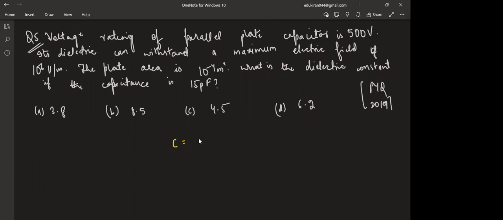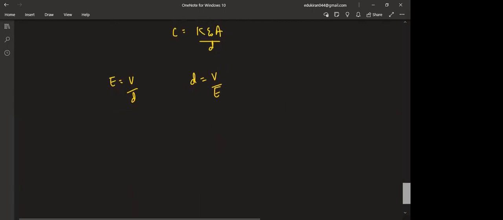So capacitance's formula is K epsilon naught A by D. From here, you already have the value of electric field as V by D. So D will be equal to V by E. D's value is V by E. So value of K will become what?